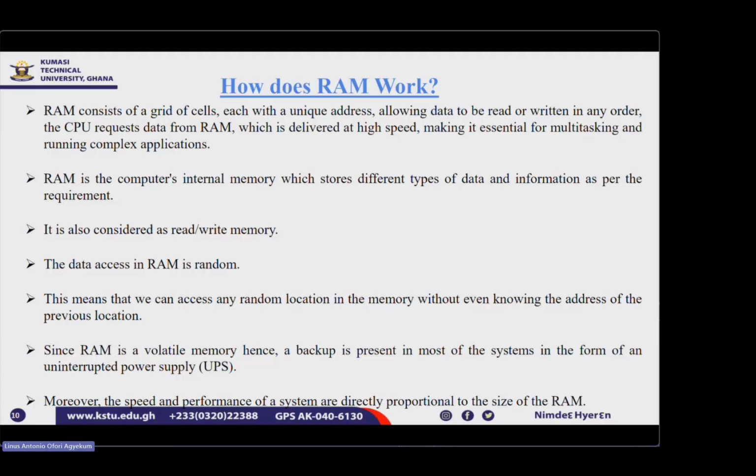If my RAM is 4 gig and your RAM is 2 gig, what is going to happen is that my computer would outperform your computer, or my computer's performance would be better than your computer, assuming all other features are the same, but only the RAM is different.